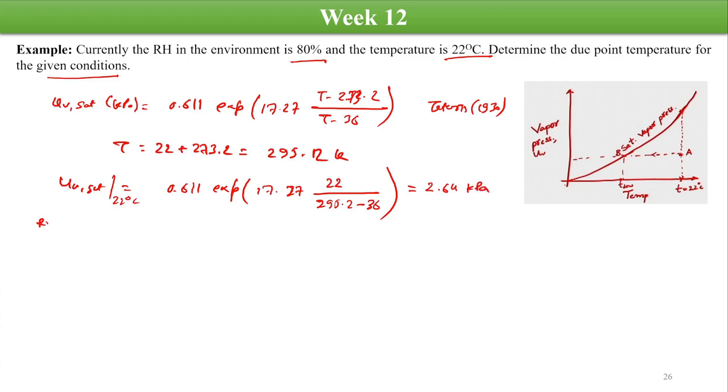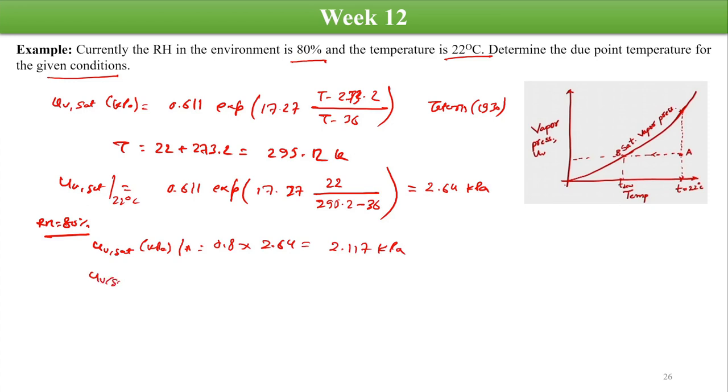Right. Now we have the relative humidity as 80%. In that case, the Uv value in kPa is going to be 2.64 into 0.8. That's going to be 2.117 kPa.